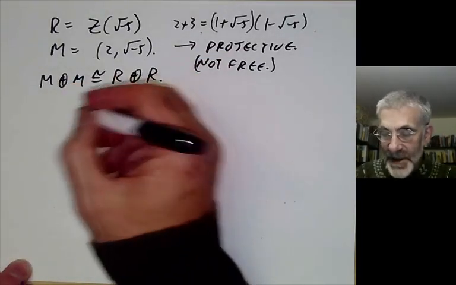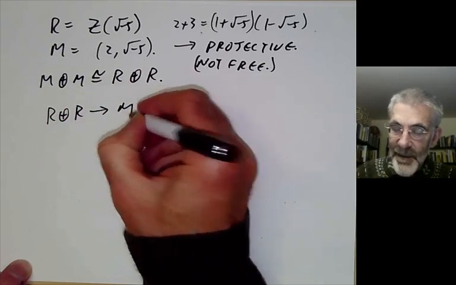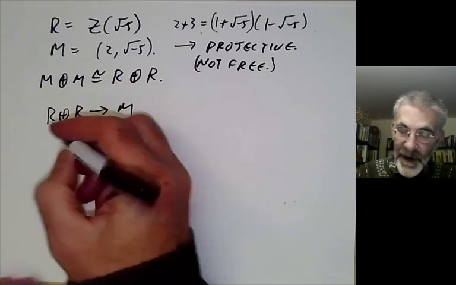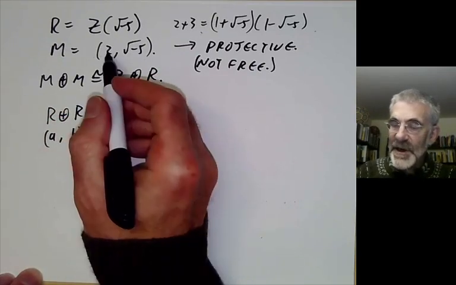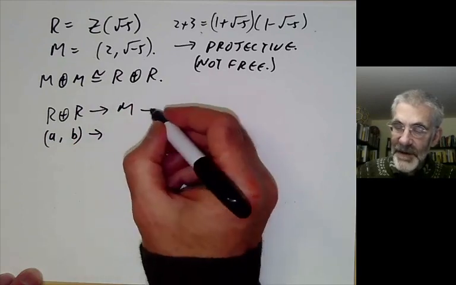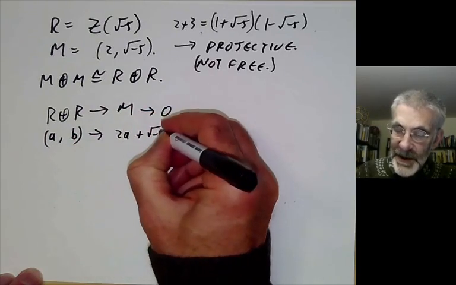And there are several ways to see this. One way is to just take a map from R plus R to M, and we can define a map which takes a, b to, well, M is generated by 2 and root minus 5, so we will have a surjective map if we map this to 2a plus root minus 5b.